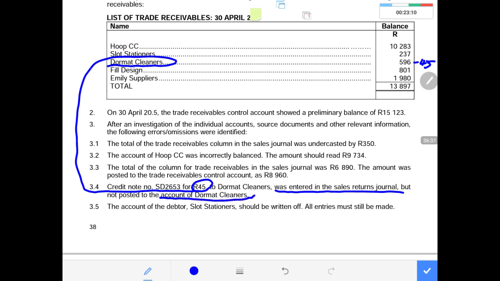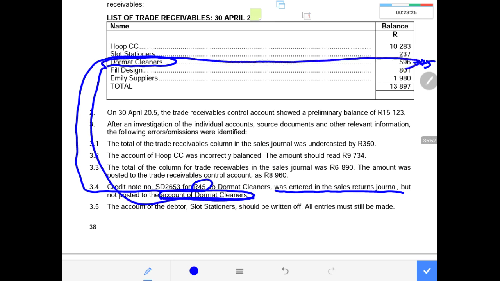That means now it must be corrected under our list of debtors, the account of the customer. It was not recorded in the account of the customer, and the account of the customer, which is Damat Traders, appears in the list of the debtors.